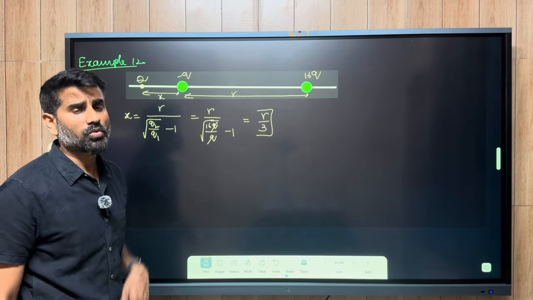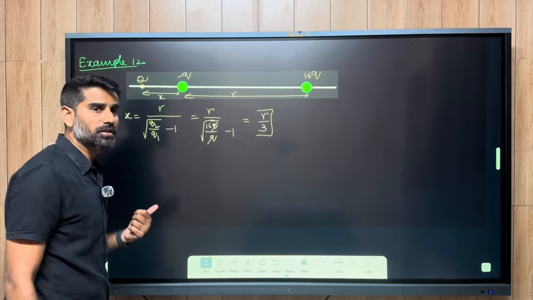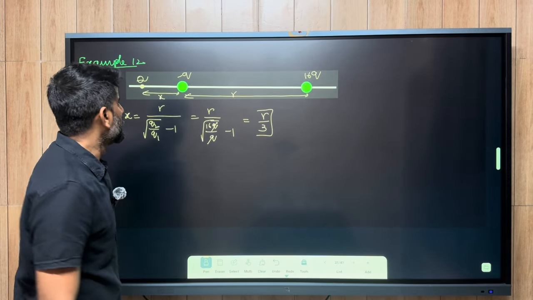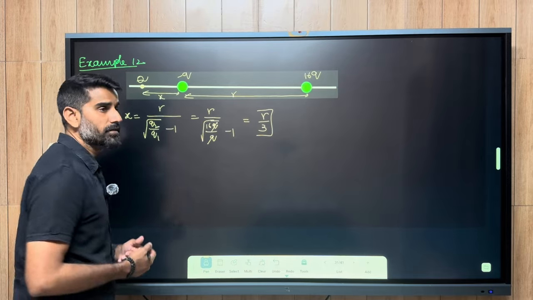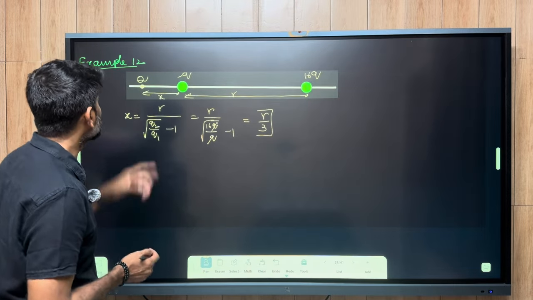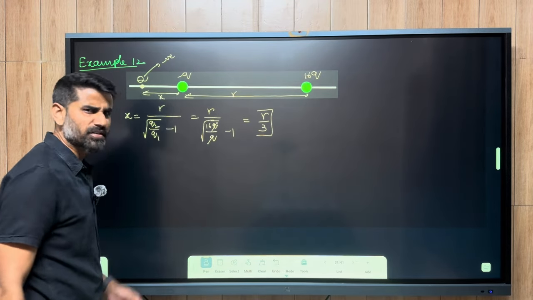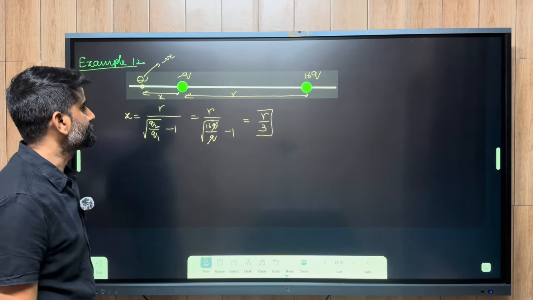Now the question is, what kind of charge is to be placed and what amount of charge is to be placed. In order to find the nature of the charge, let's use our basic common sense and the basic understanding of Coulomb's law. Let's say this is negative, then what happens?